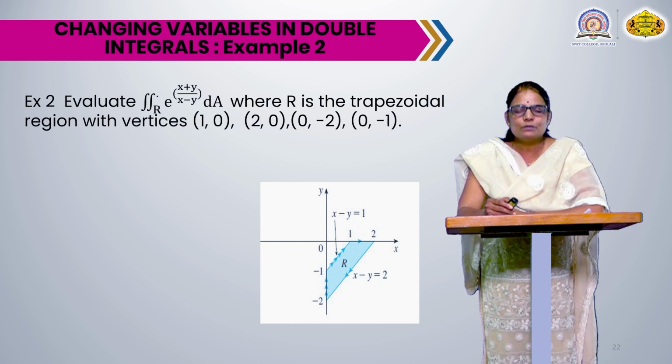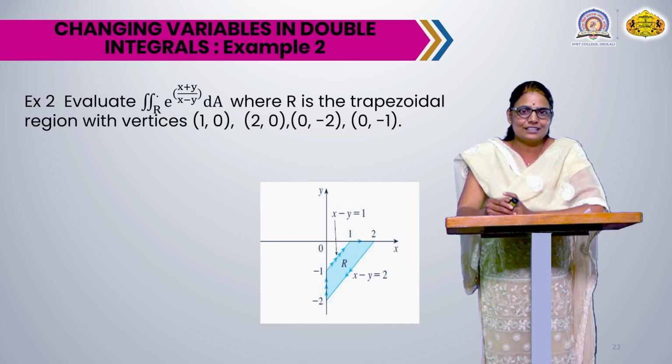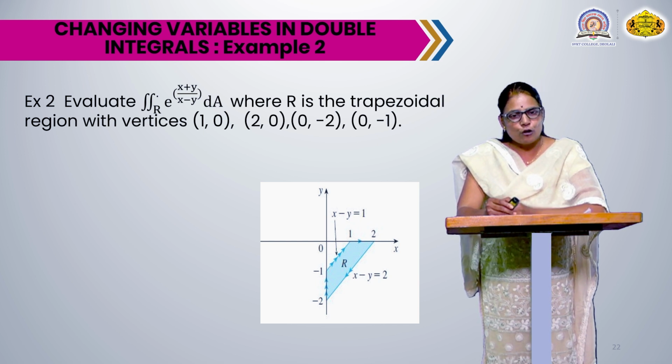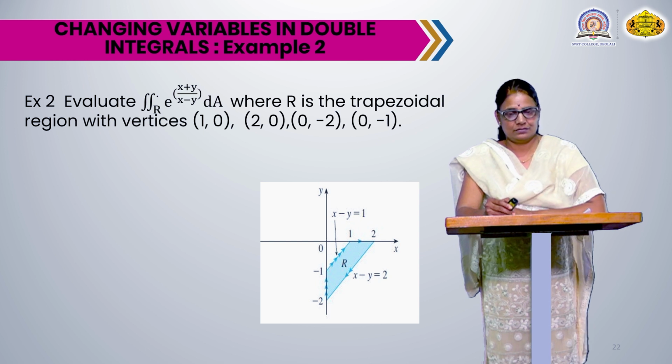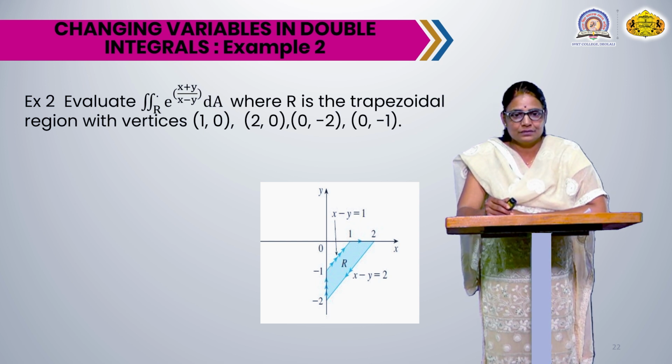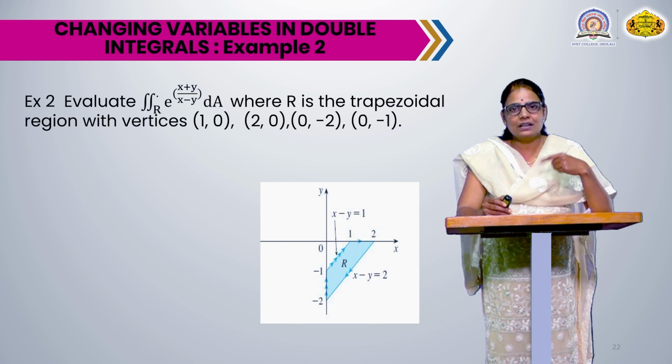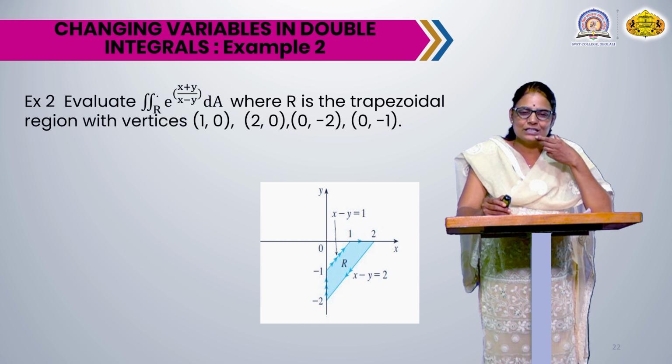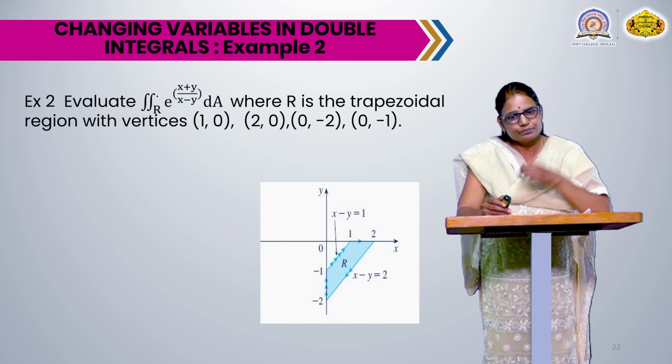For the substitution method, the first thing is we require the transformation. So if you observe the integrand here, the region of integration is a trapezoidal region, which is the simplest one, and the integrand is e raised to (x plus y) upon (x minus y) dA, and when we integrate it with respect to x and y, it is not so simple.